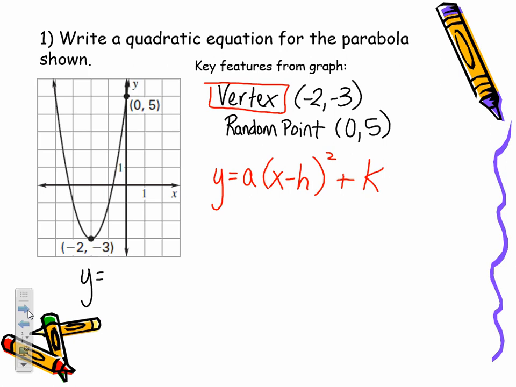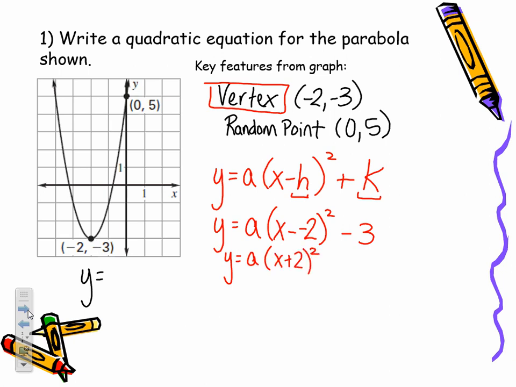Now, if you remember, the vertex is given by these numbers here. So if I go ahead and plug in just the vertex right now, I have y equals a(x minus -2) squared, and then plus -3 is the same thing as minus 3 here. So if I simplify that, I have y equals a(x plus 2) squared minus 3.